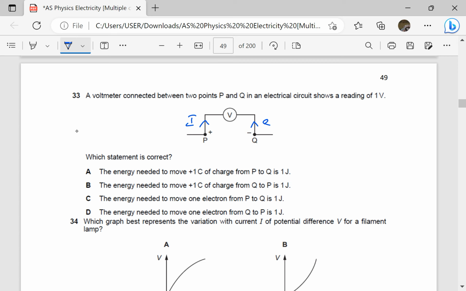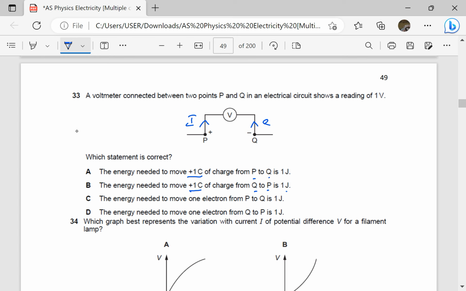So which statement is correct? The energy needed to move positive 1 coulomb of charge from P to Q is 1 joule. The energy needed to move positive 1 coulomb of charge from P to Q is 1 volt. The energy needed to move positive 1 coulomb of charge from Q to P is 1 joule.